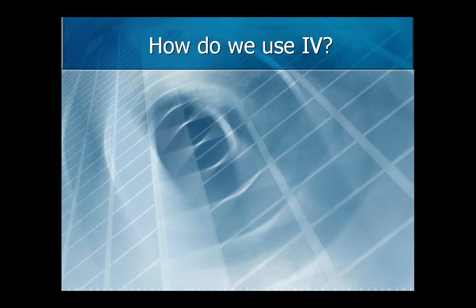Okay, how do we use this information? How do I determine if the implied volatility is going to affect my trade or not? Well, the first thing that we have to establish is that volatility is relative. In other words, it's relative to the stock. Different stocks will have different levels of implied volatility. One stock may be at an implied volatility of 60.